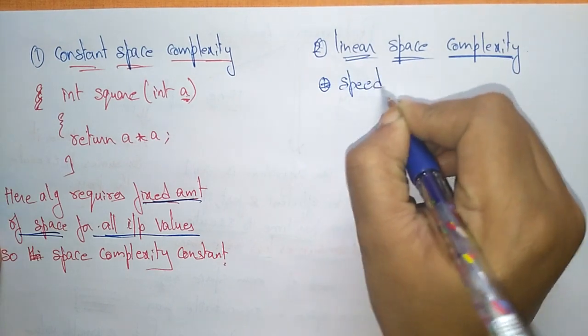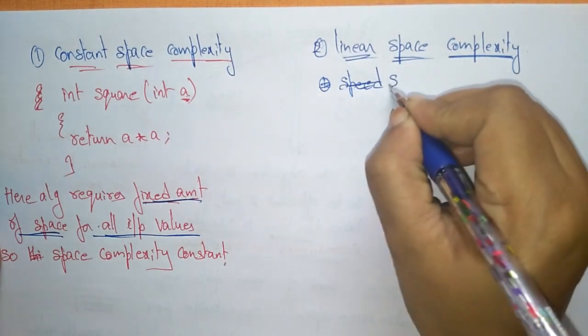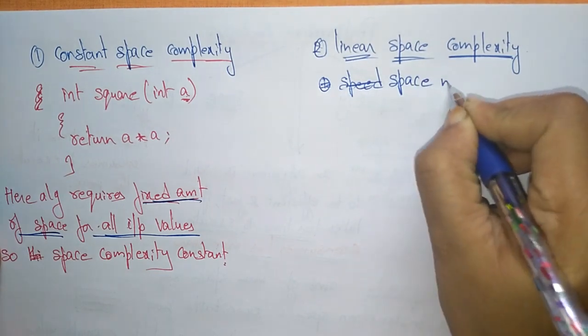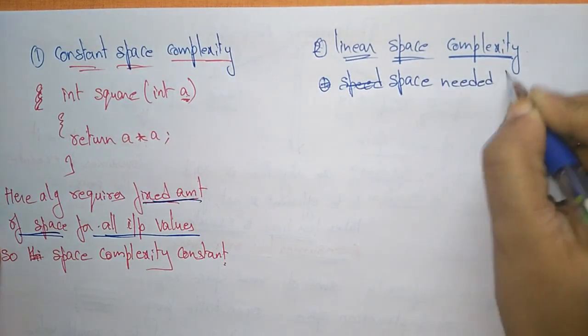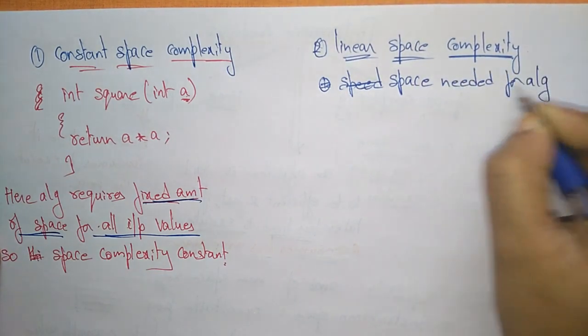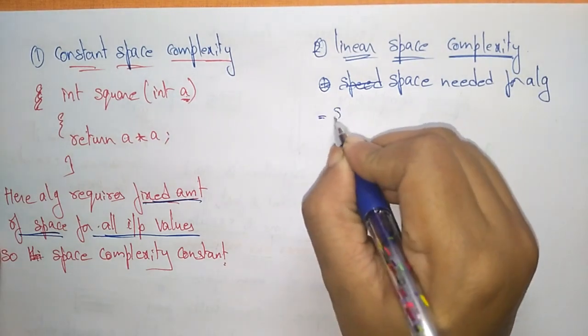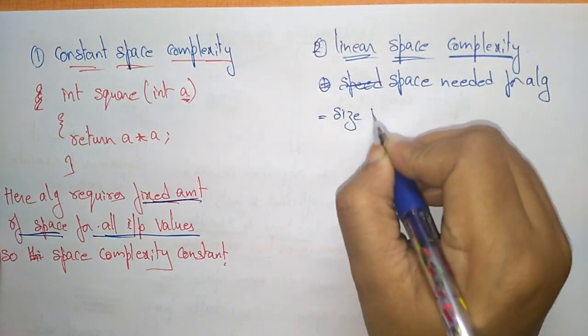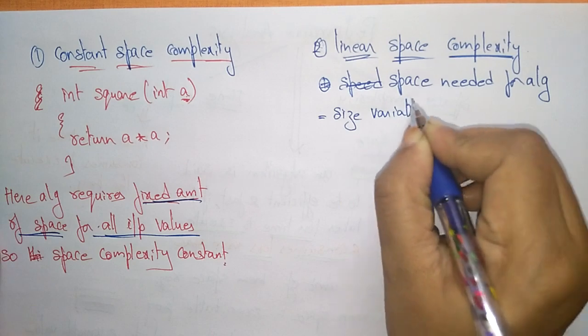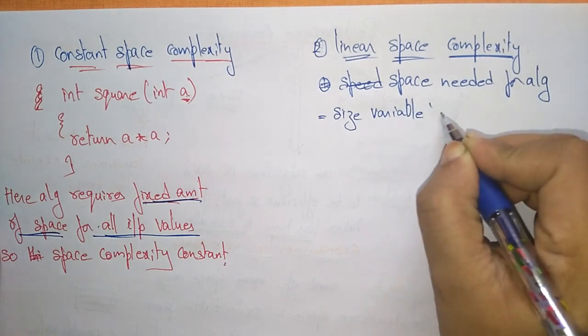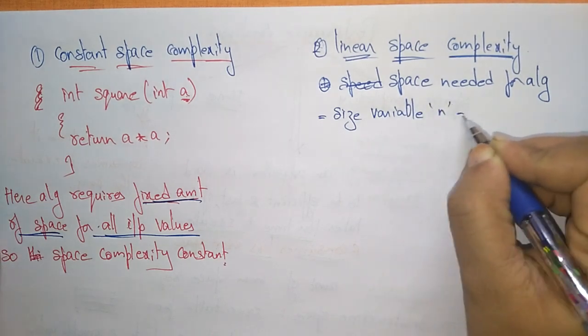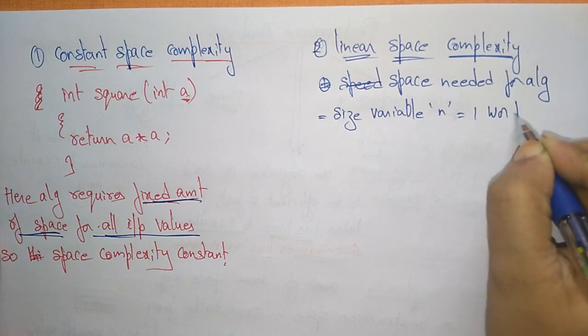The space needed for an algorithm is based on the size of the variables. Suppose the size of a variable is n, you take it as one word.